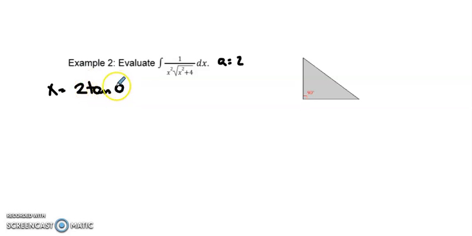I'm going to go ahead and fill in the triangle, because if tangent theta is x over 2, that means opposite over adjacent is x over 2. And with the Pythagorean theorem, I get that this is the square root of 4 plus x squared, which in fact does match what's in here. That's always going to work with trig substitution.